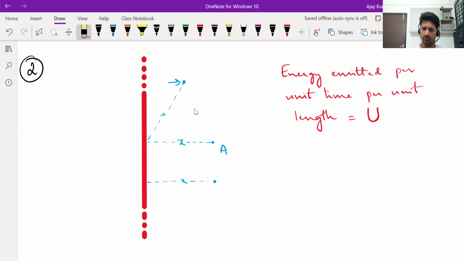So if you want to identify a surface over which the intensity will be uniform, you will have to think of points which are equidistant from the source. Now this source is a line. A set of points equidistant from a line will be cylindrical. By now you must have gotten some idea in your mind.